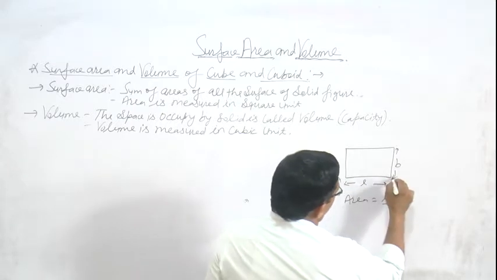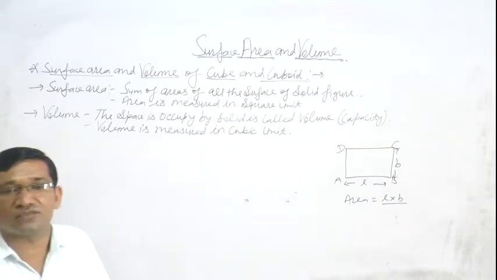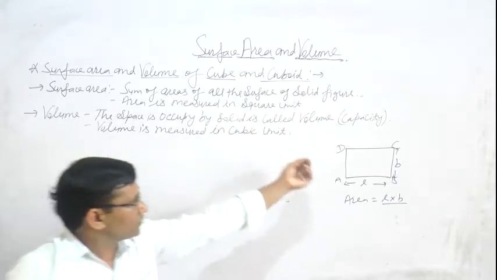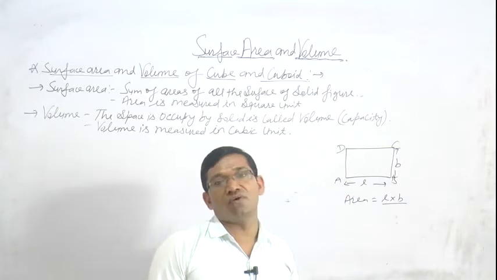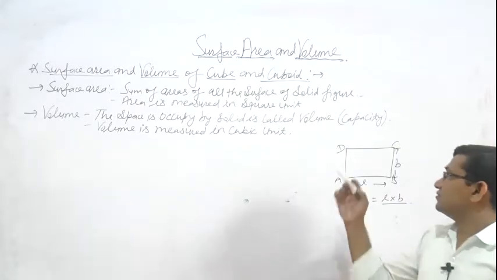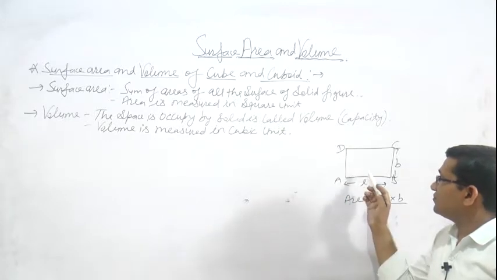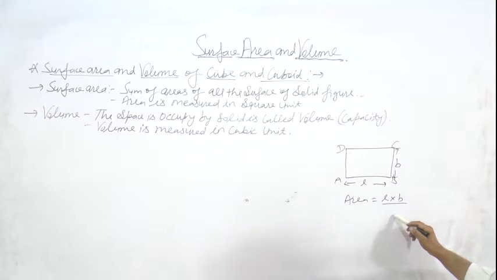Area of a rectangle is equal to length multiply breadth.